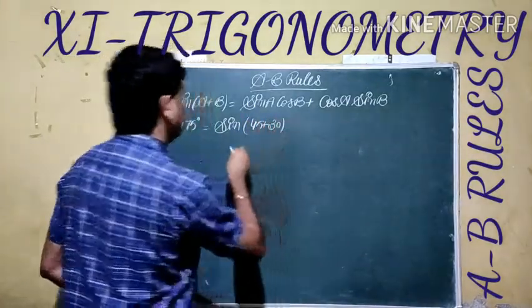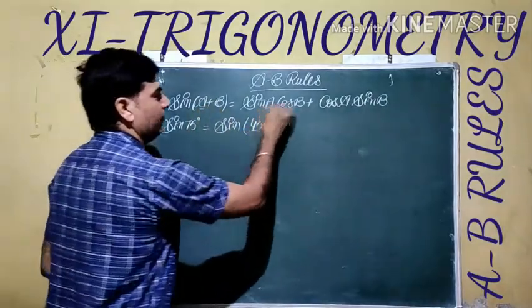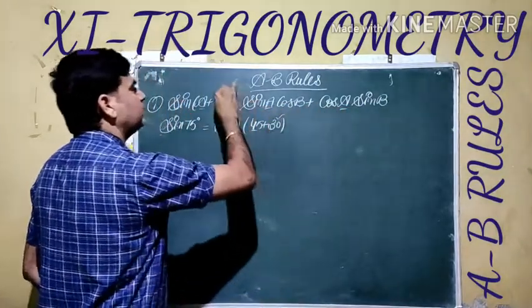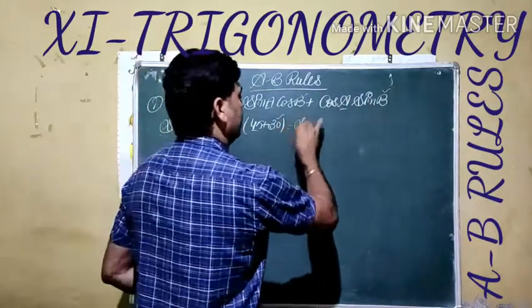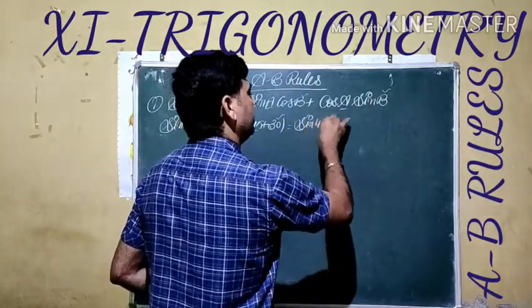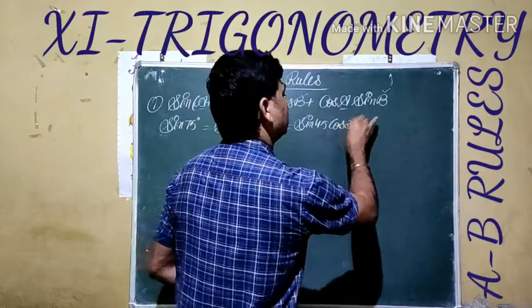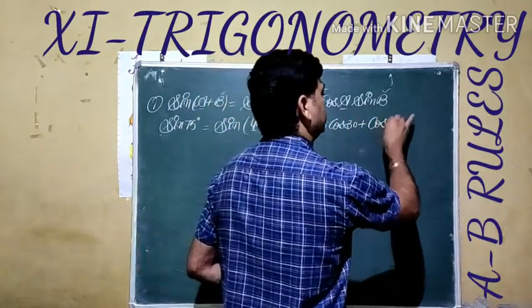Now we are going to use this. It means A is replaced by 45 and B is replaced by 30. If we replace, we get sine 45 cos 30 plus cos 45 sine 30.